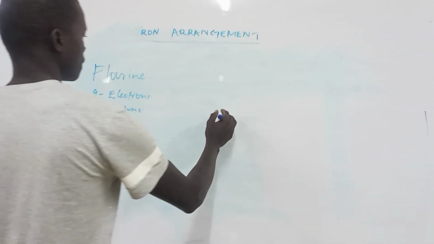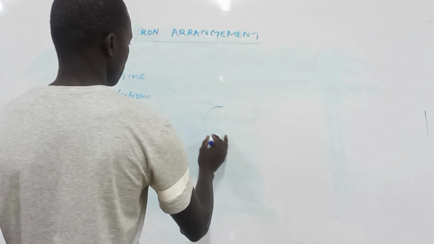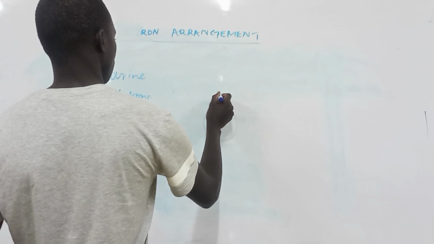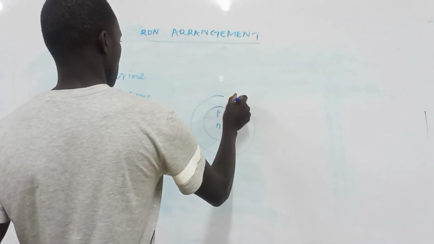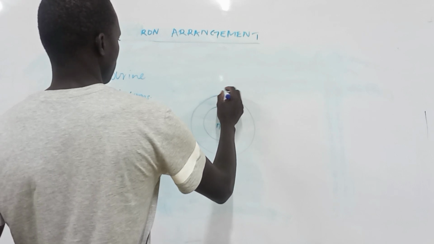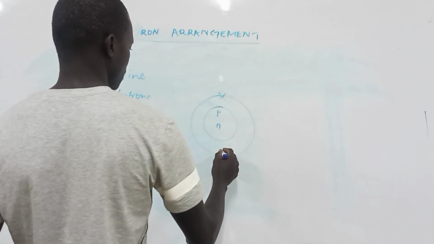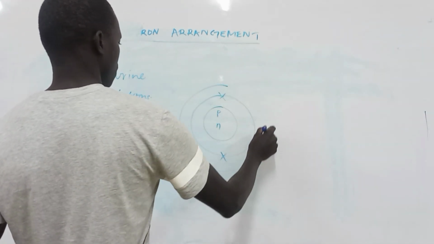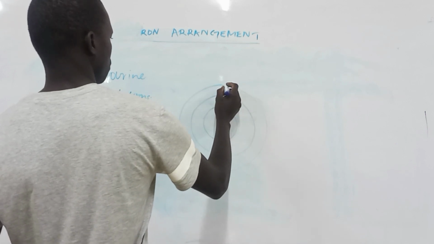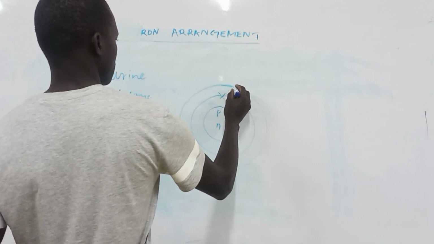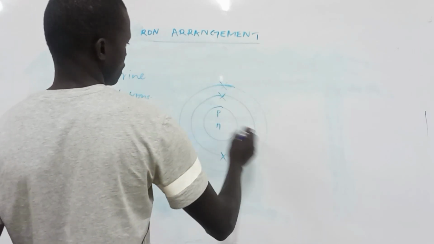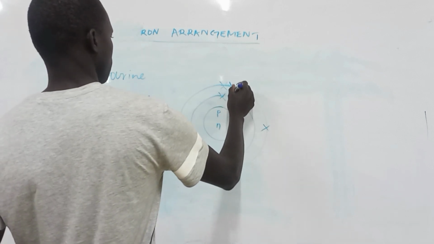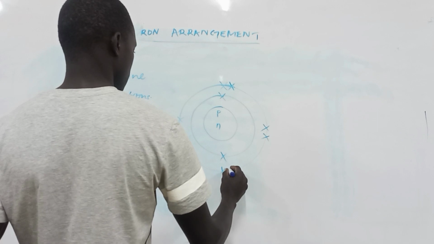Now we do the structure beginning with the center, having protons and neutrons, then the first energy level. We indicate the number of electrons in the first energy level, a maximum of 2. Then the second energy level occupies the remaining ones as long as it does not exceed 8: 3, 4, 5, 6, 7.